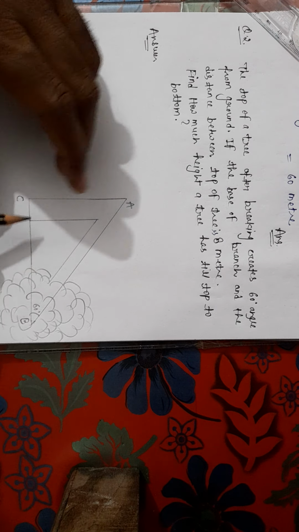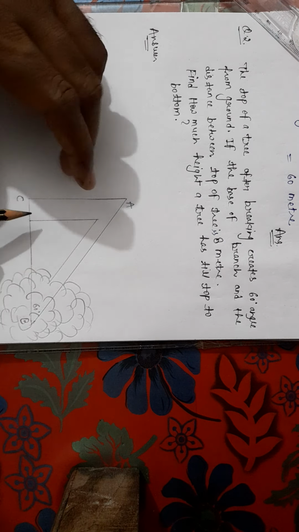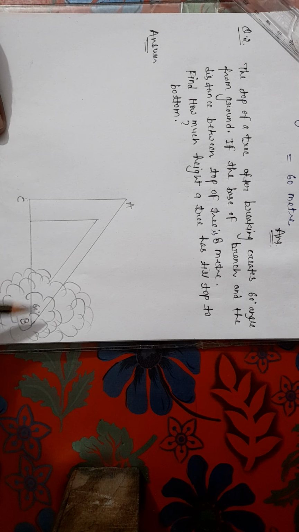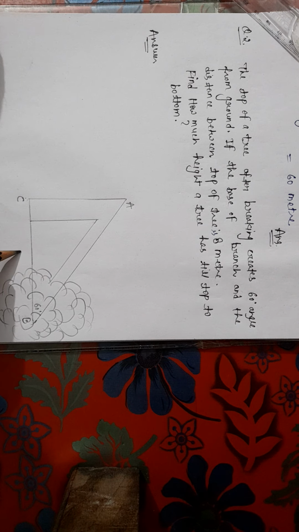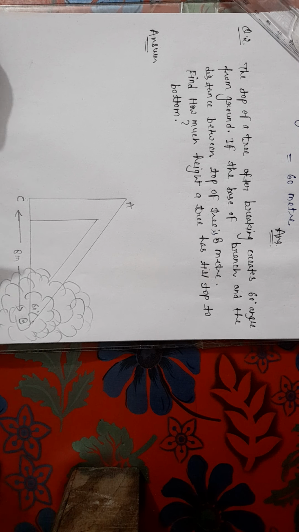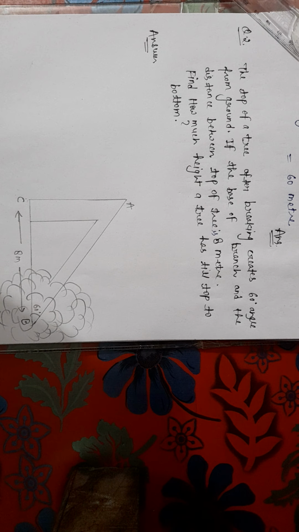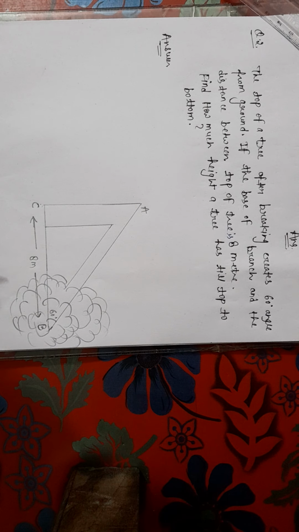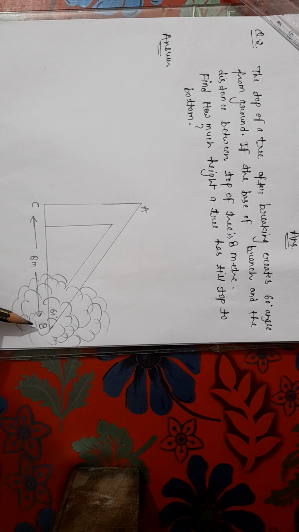Suppose if it was straight, then this would be the top of the tree, and the distance to the bottom is 8 meters. Because the tree has broken from here, the distance becomes 8 meters, this one. Okay, so this is the distance from top to bottom.